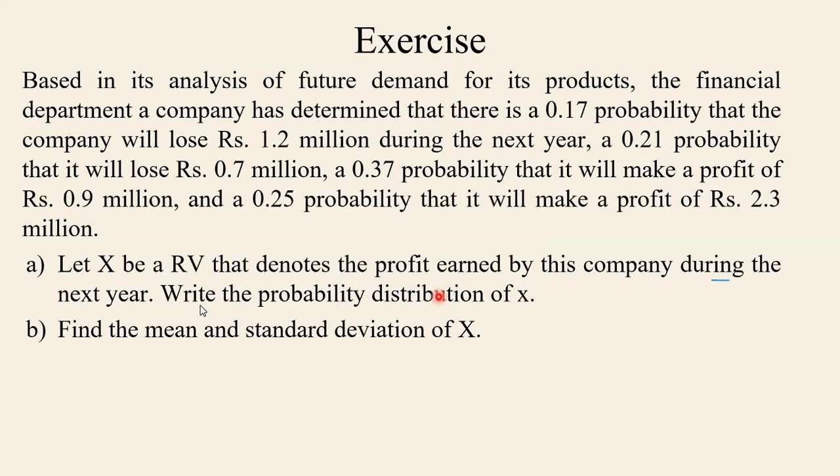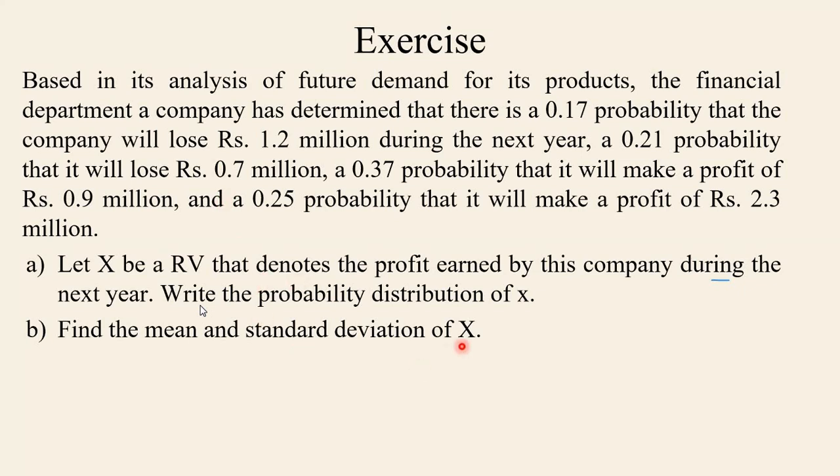But when we read the first statement, based on its analysis of future demand for its products, the financial department has determined that there is a 0.17 probability that the company will lose 1.2 million rupees. So here it is a loss. So in this case, what do you have to put?